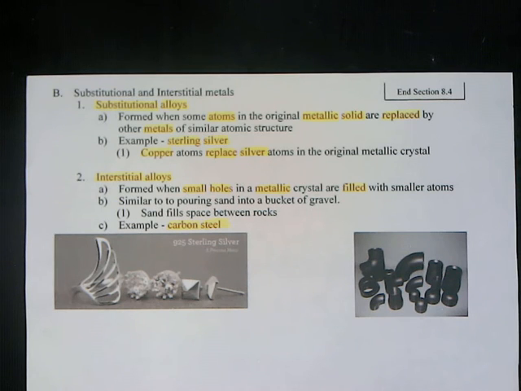And so they can insert smaller atoms into those spaces or crevices that are created because of these atoms. And so we get here carbon steel. So these pipes here are carbon steel, and essentially they're taking carbon atoms and inserting them into those voids that you have with metallic bonds.